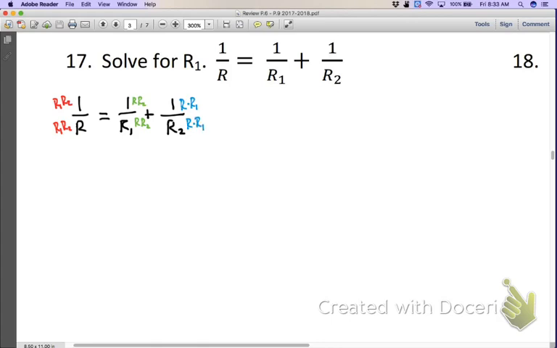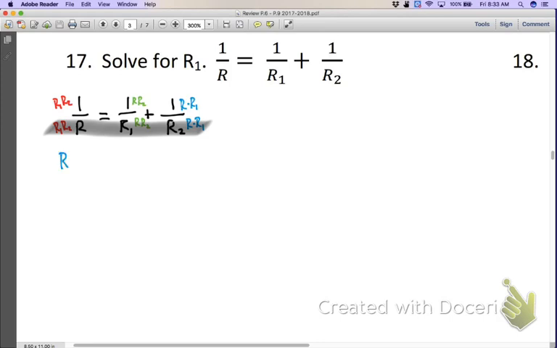So once I get the denominators the same, really the denominators don't matter anymore. Like I've done before, I'm just going to forget about the bottom side, and solve for whatever's on the top.